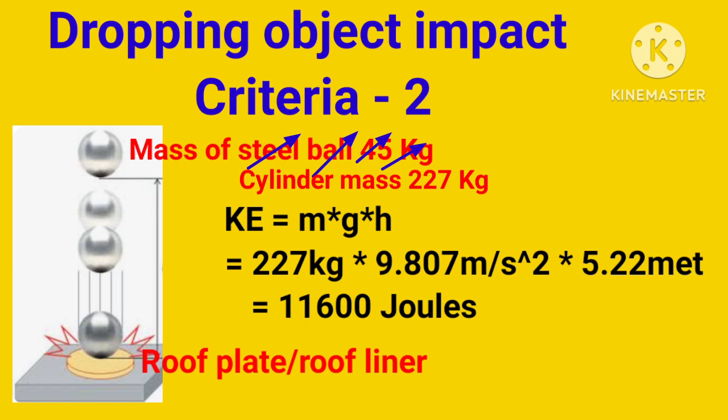If it impacts within a 100 mm radius, that means 200 diameter at most. But suppose it goes beyond that dimension, meaning more than 200 diameter of impact on the roof plate or roof liner plate, then the test is failed.